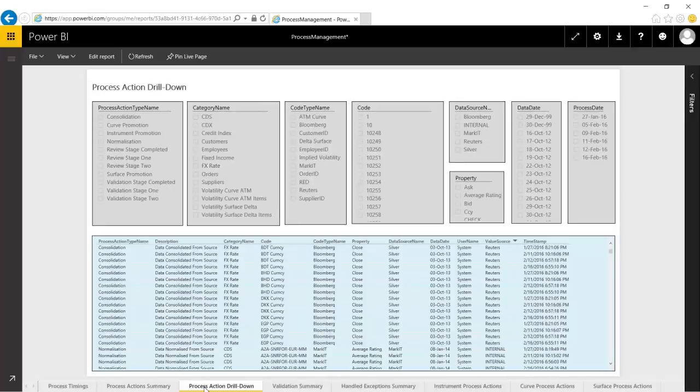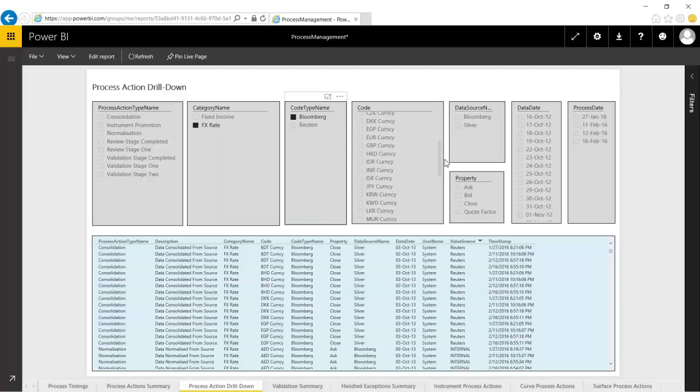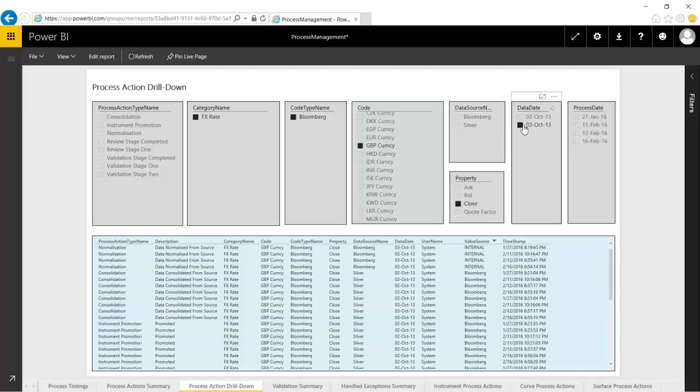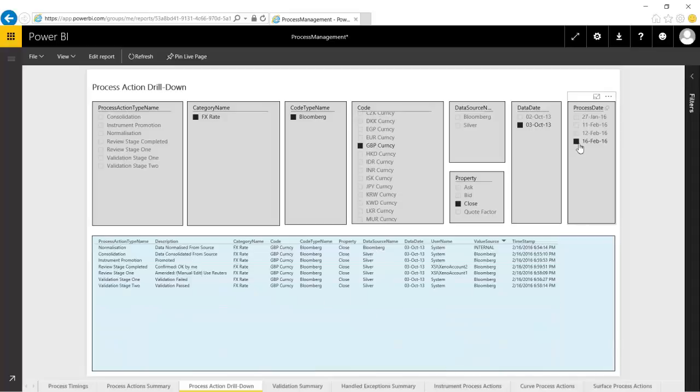This allows us to actually look at the data lineage, or what happened to any individual data point. So if we pick FX rates, for example, using the Bloomberg identifier, and if we scroll down to GBP currency, and then we pick the close price for a particular point in time and on a particular date, then what we're basically seeing is everything that happened to that particular point.